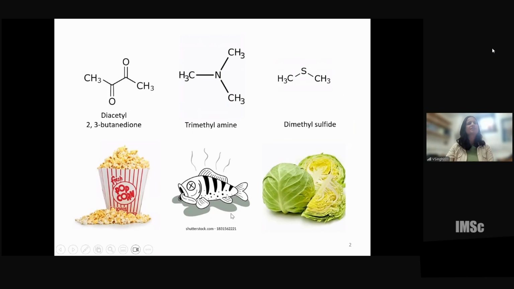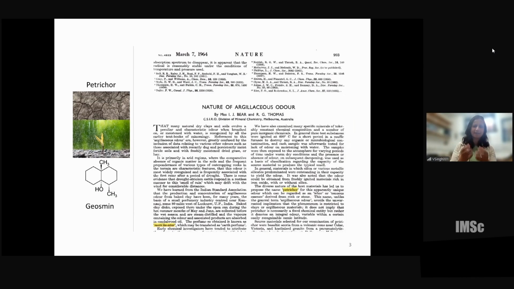So these are just examples of a few smells that you have smelled since you were born, but how we understand them at the level of network analysis of connectomes is just catching up.